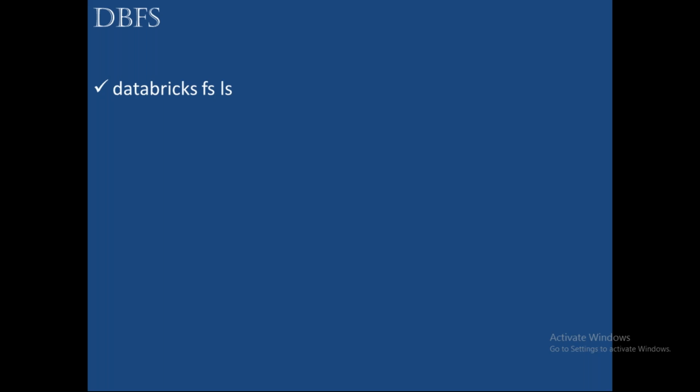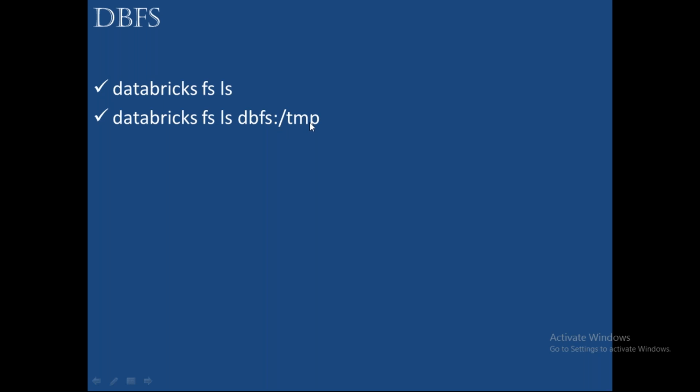So DBFS is nothing but Databricks file system. This is databricks fs ls. If it is a workspace, we use databricks workspace. If you want to work with clusters, databricks clusters. Now I want to work with the file system, then databricks fs. What is ls? ls is nothing but listing down all the folders which are available in your workspace. Next, databricks fs ls dbfs:/tmp.